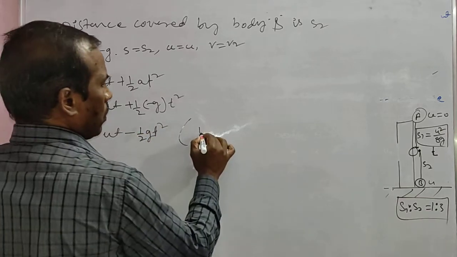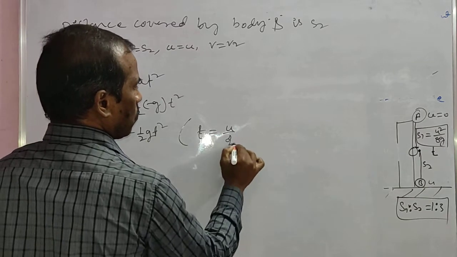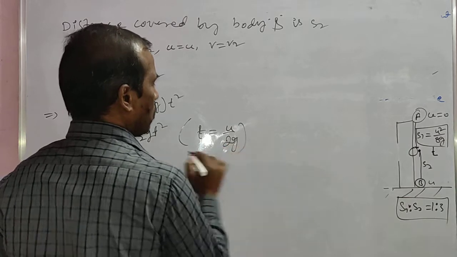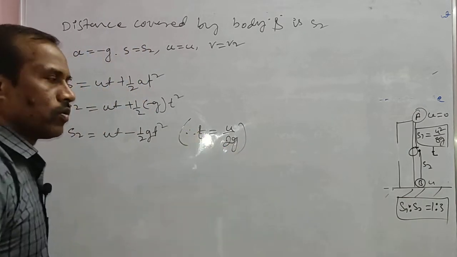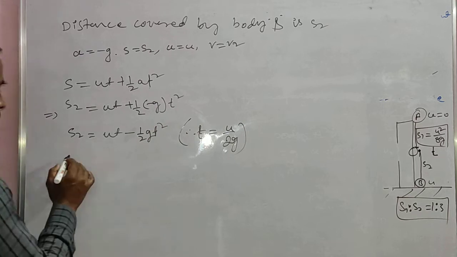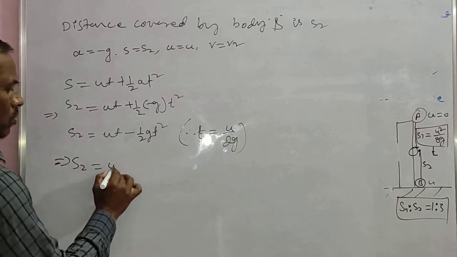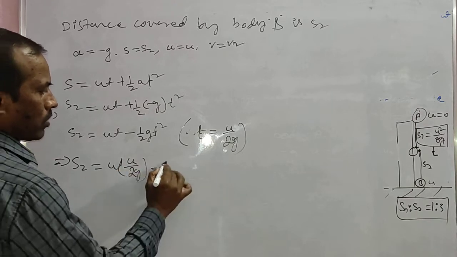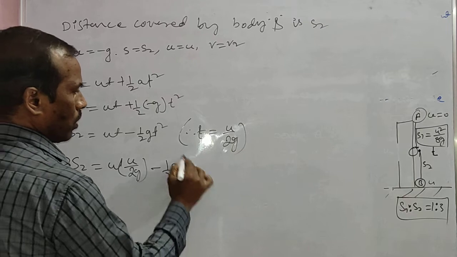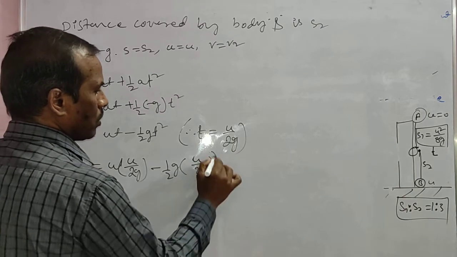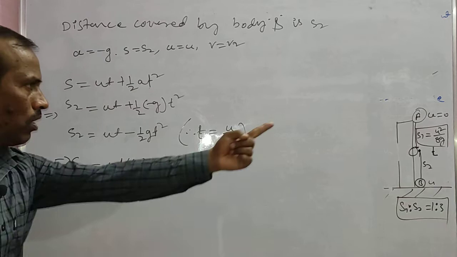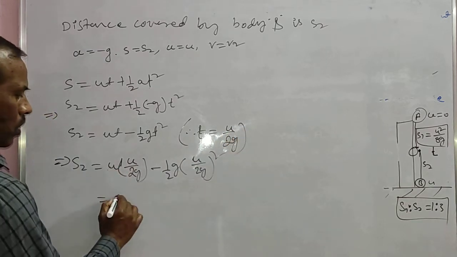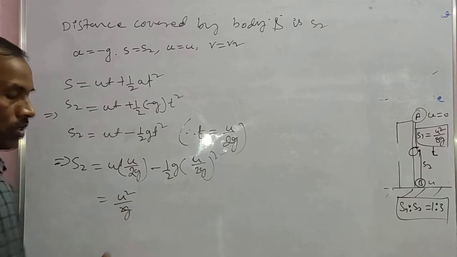Now t is equal to u by 2g. Substituting the t value, S2 is equal to u into u by 2g minus 1 by 2 into u by 2g whole square, which is u square by 8g. Now u into u by 2g is u square by 2g.